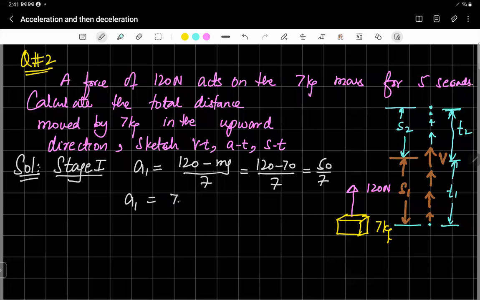I think it's 7.07 meter per second square. Is it? 7.14. Okay. Now we calculate the velocity. T1 is 5 seconds.